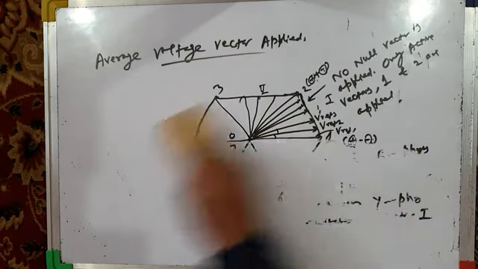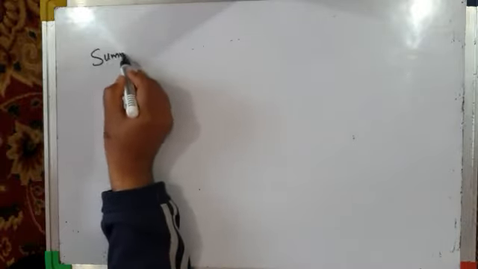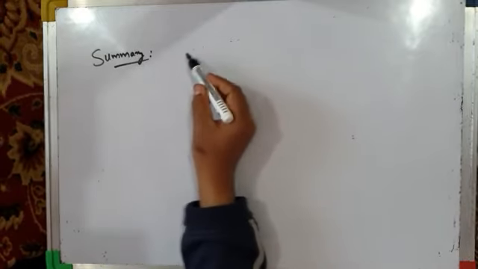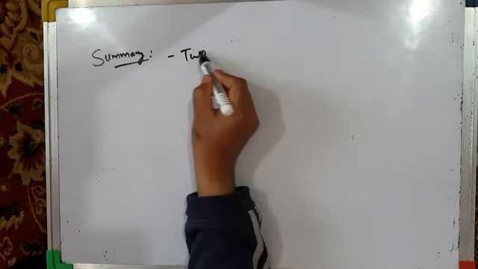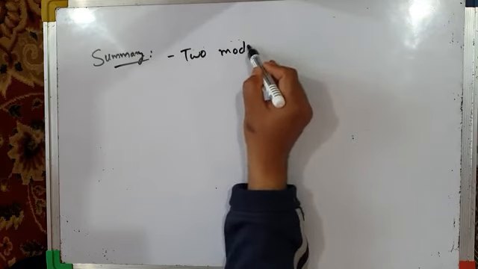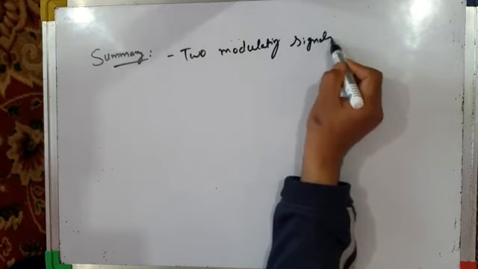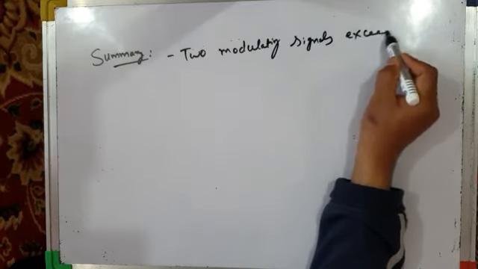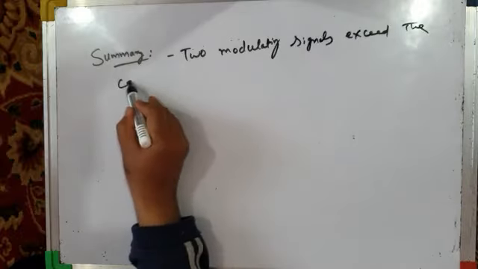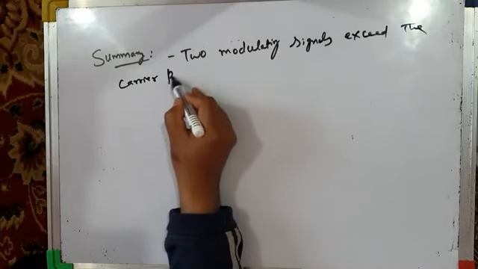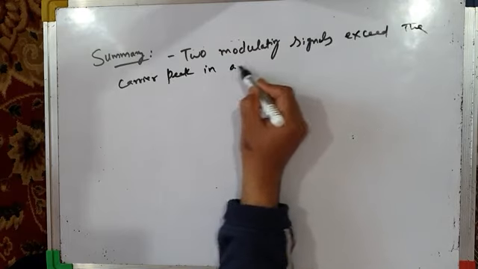So let me write the summary of what we have found for over-modulation with m equal to 2.0. Two modulating signals exceed the carrier peak in a carrier cycle.